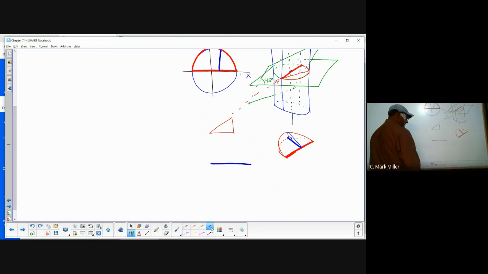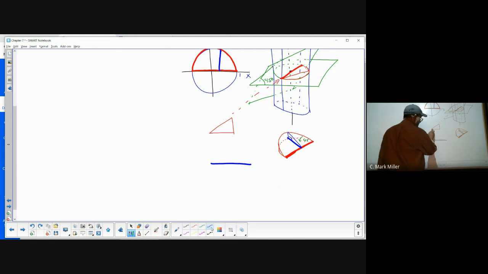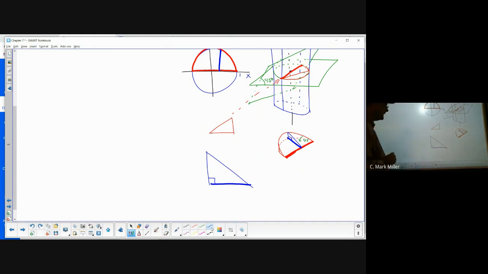One thing I didn't say over here, this angle between here and here is 45 degrees. So that means this angle is 45 degrees. So I have a triangle. What's the area of that? Well, if this is 45, then whatever this distance is, that's one, not necessarily.